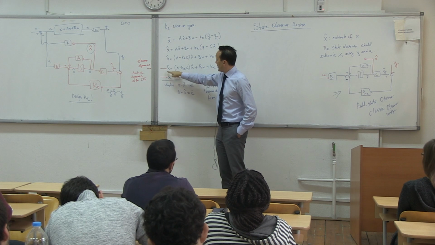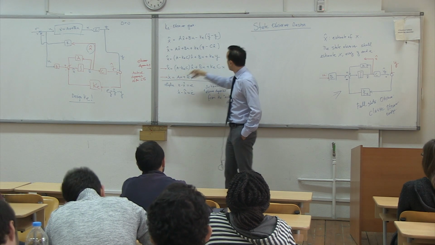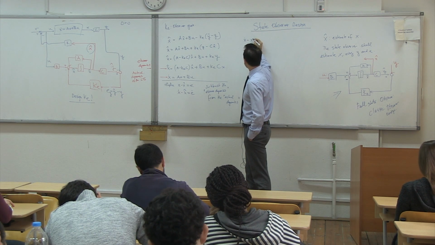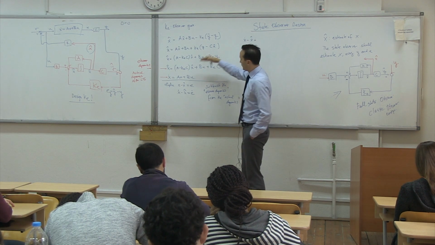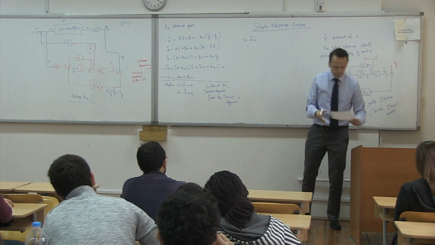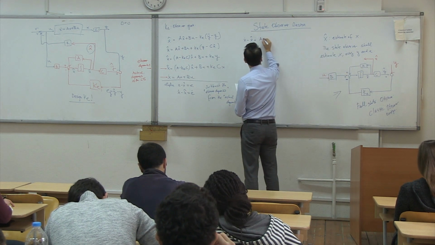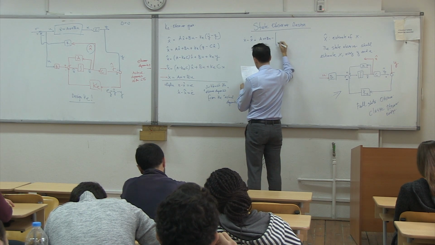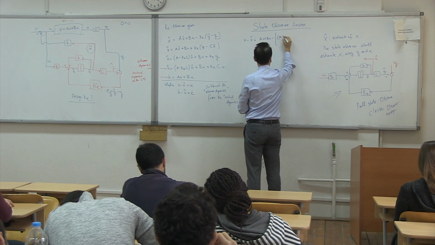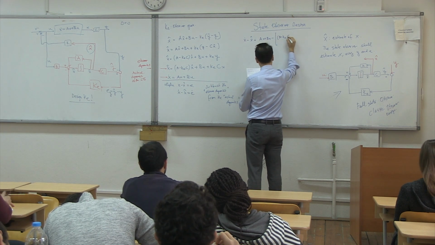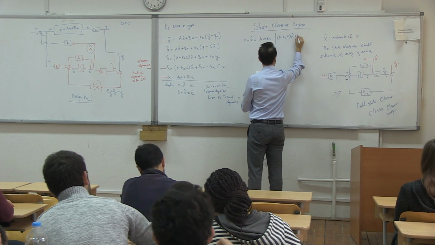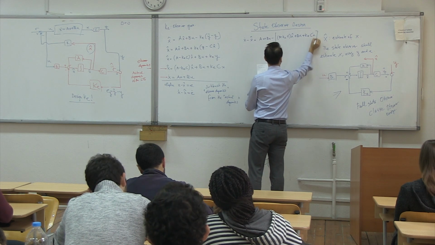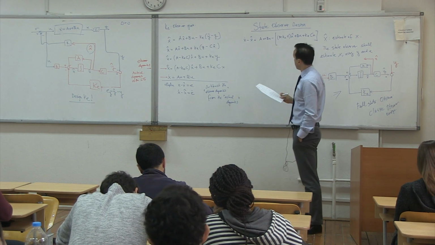Then you will get x dot minus x dot hat is equal to the rest: ax plus bu minus a minus ke times c x hat plus bu plus ke c times x.